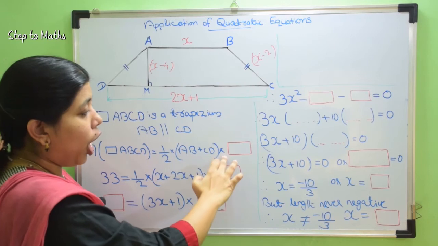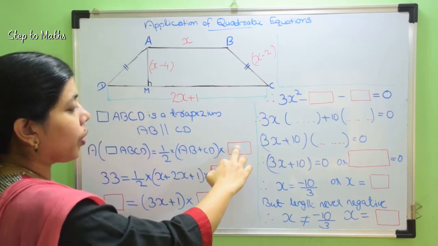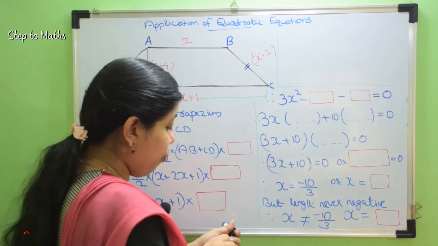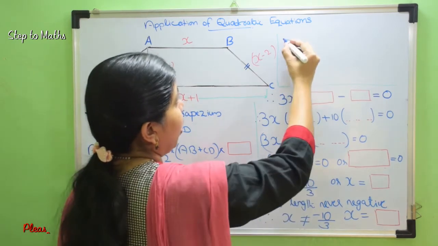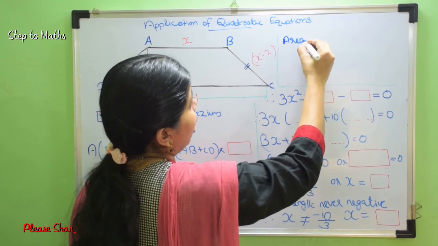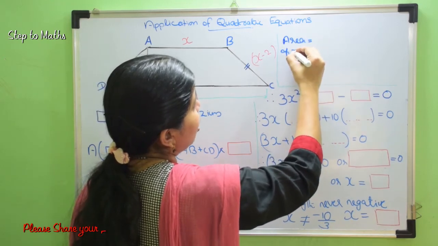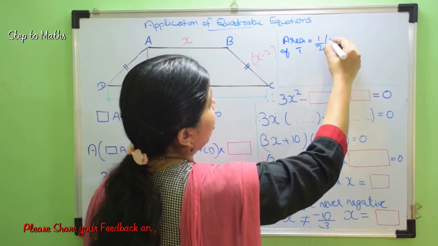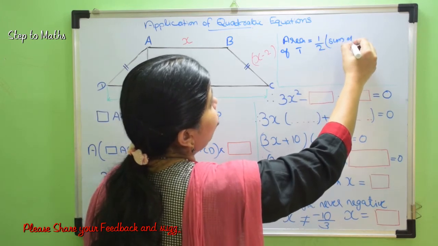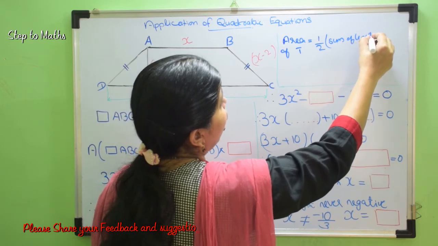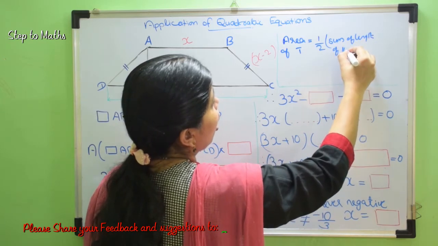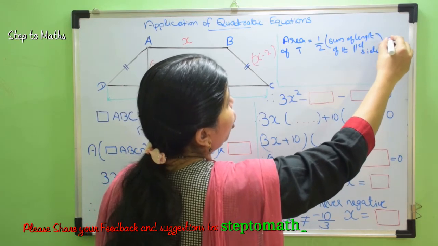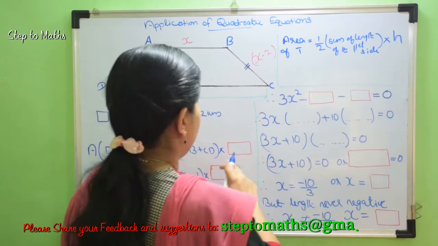Its sum into height. Area of a trapezium is half into sum of length of the parallel sides into height.